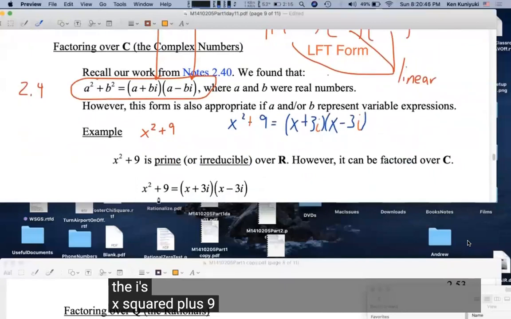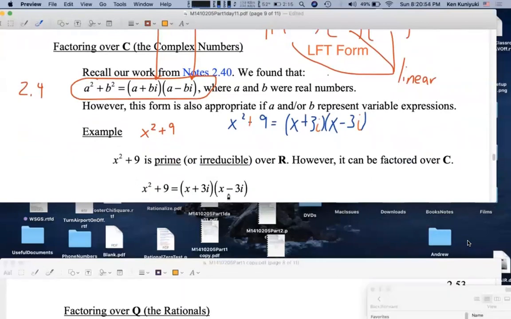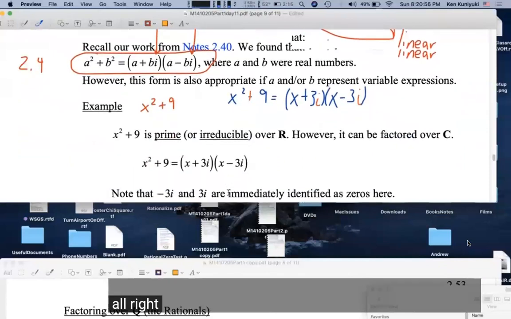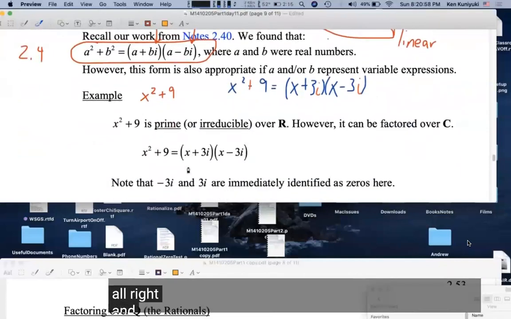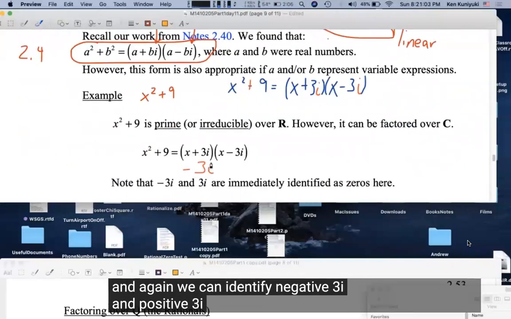X squared plus 9 equals the factor x plus 3i times the factor x minus 3i. And again, we can identify negative 3i and positive 3i as zeros, complex zeros.